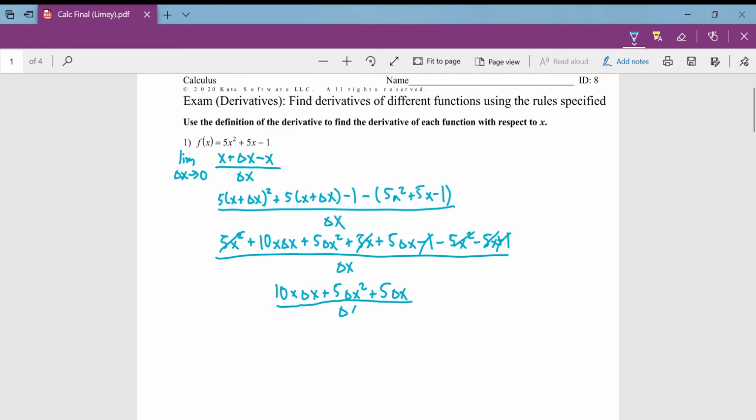And now, since everything has a common factor of delta x, you can pull delta x out. So you'd have 10x plus 5 delta x, because there's two delta x's there, plus 5 all over the delta x, and then those cancel.